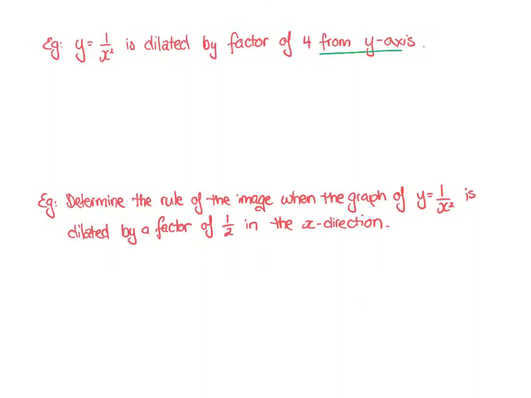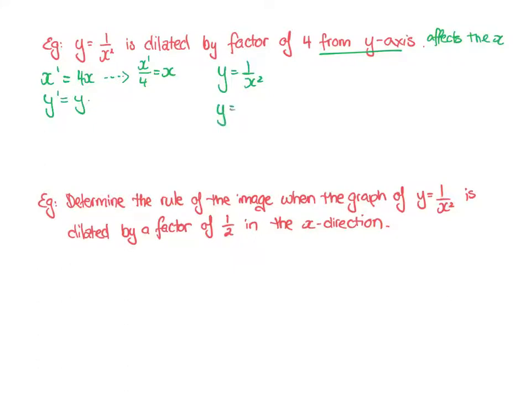From the y-axis means it affects the x. So let's do it. The image x will be, because it's a factor of 4, 4 times the original x. If I transpose that, x over 4 is the original, and the y didn't change. So if we write the formula out, y equals 1 over x squared is the original. But if I want to use the image, the y stayed the same, but the x is x over 4 squared.